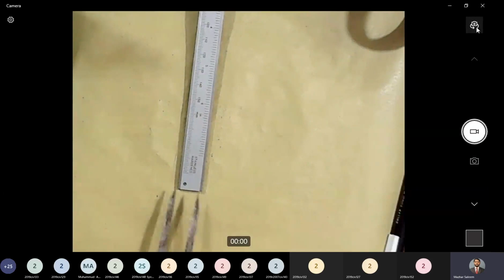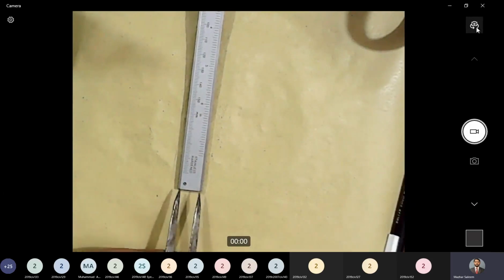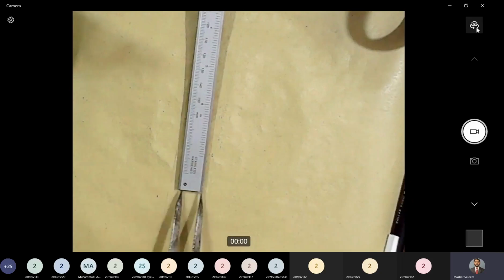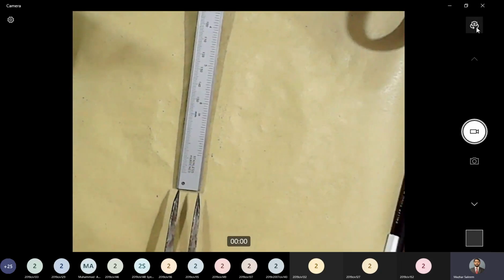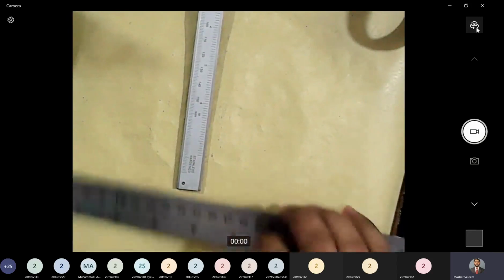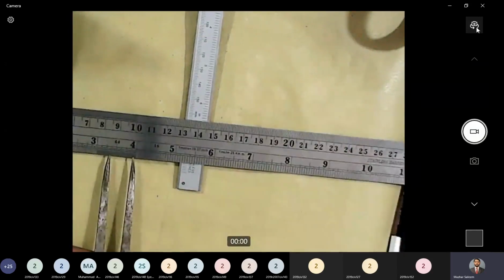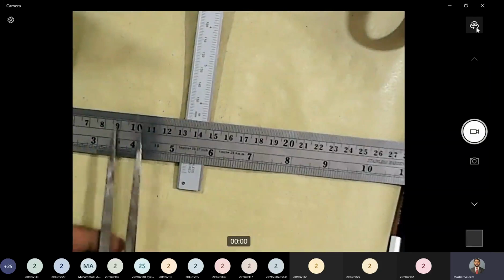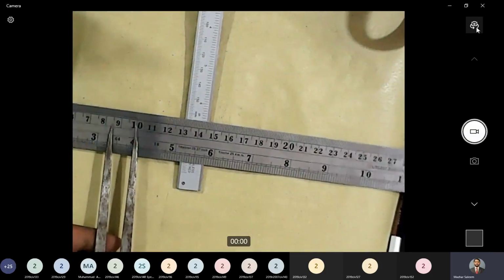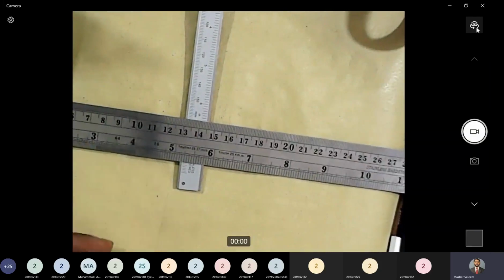Let's say I don't have any other instrument, so I can just open this spring divider exactly equal to this dimension. Okay, I just open it exactly equal to this dimension, and then I can use the scale. I will put this on a scale, and then I can read it either in terms of inches or in terms of millimeters. So this is how we use a spring divider.